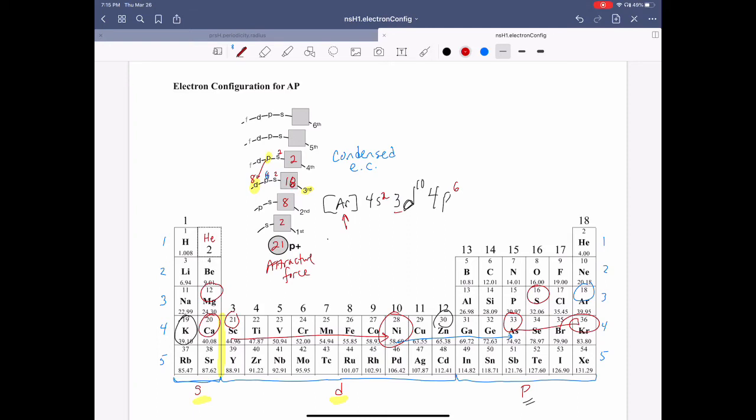Sorry, that's not true. Let's change that to 8 valence electrons, 6 in the p, 2 in the s, for a total of 8 valence electrons. Okay, here we go.